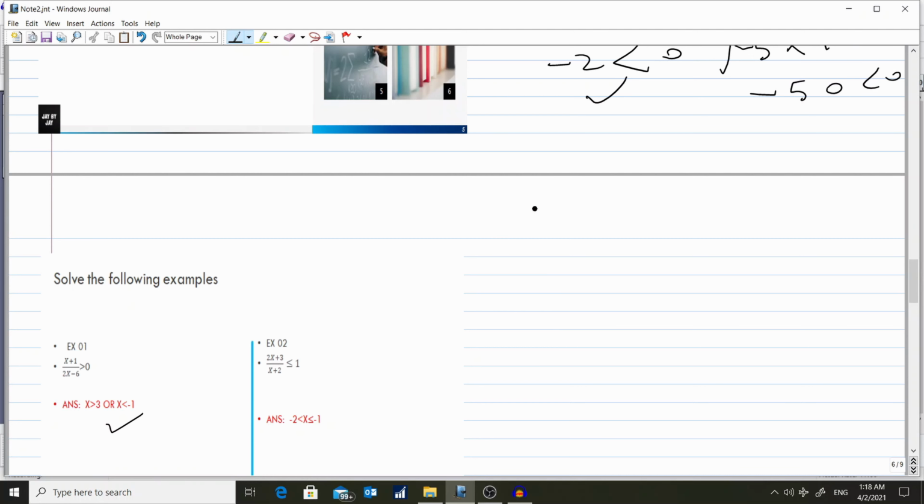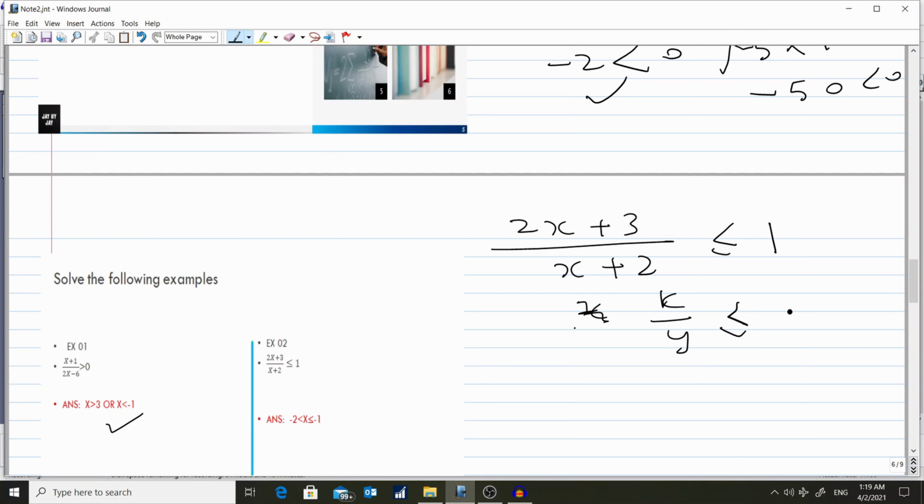The second example is given as (2x plus 3) divided by (x plus 2) less than or equal to 1. Here, we need to convert this main expression to look like k over y less than or equal to 0.